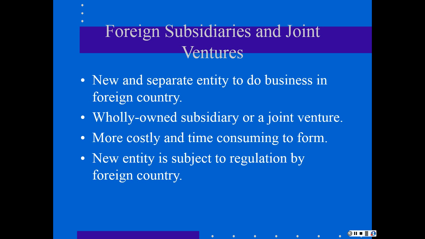For example, this was the case in 1989, 1990, with the fledgling democracies from Eastern Europe and the former Soviet bloc, Poland, for example. They limited foreign direct investment to joint ventures. I mean, you could not have a foreign subsidiary. You couldn't buy another company in Poland.